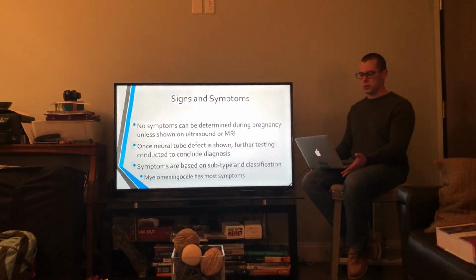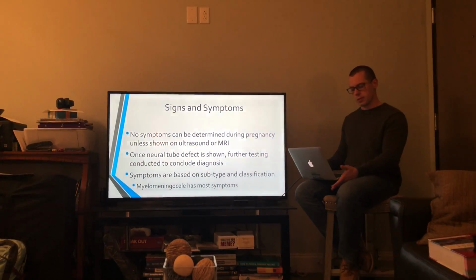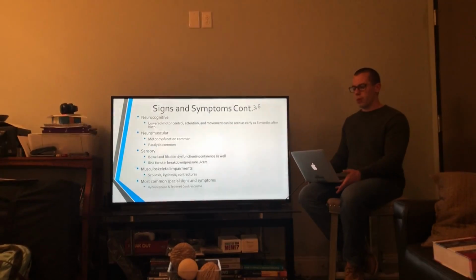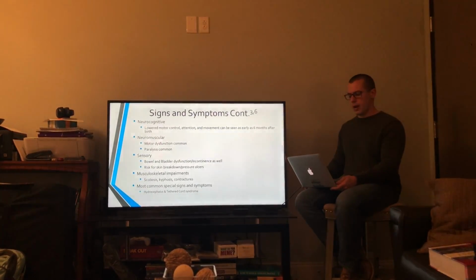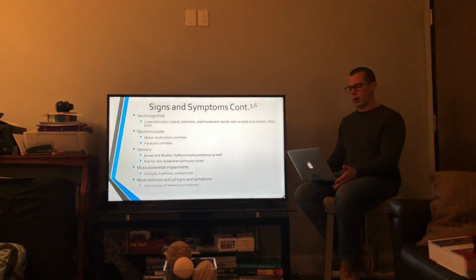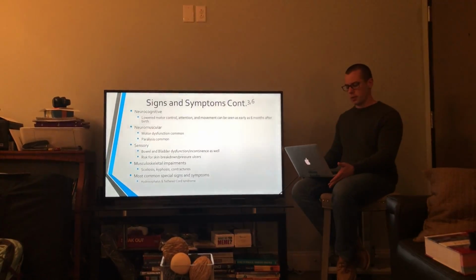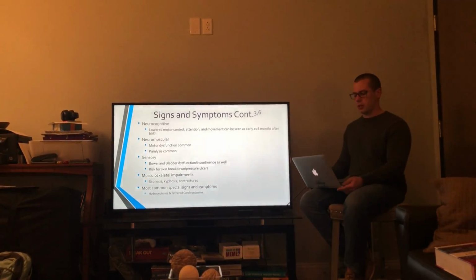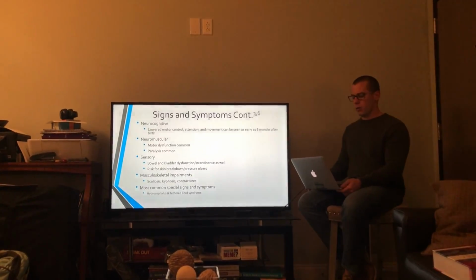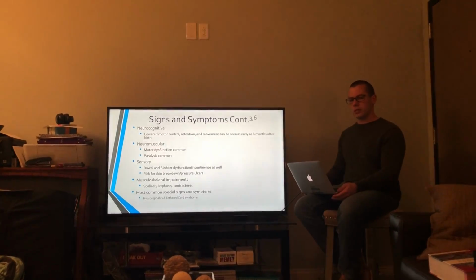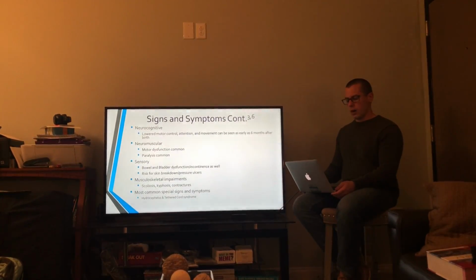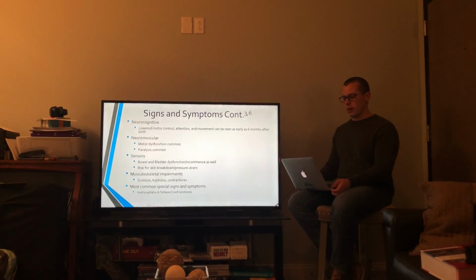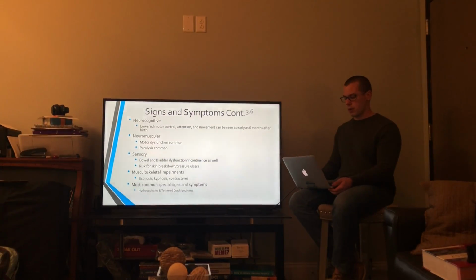So myelomeningocele has the most symptoms because it's the most severe. As they're born, you have neurocognitive signs and symptoms, such as lowered motor control, attention, and movement, which can all be seen as early as 6 months after they're born. Some of the neuromuscular ones: motor dysfunction is pretty common, and paralysis is pretty common.